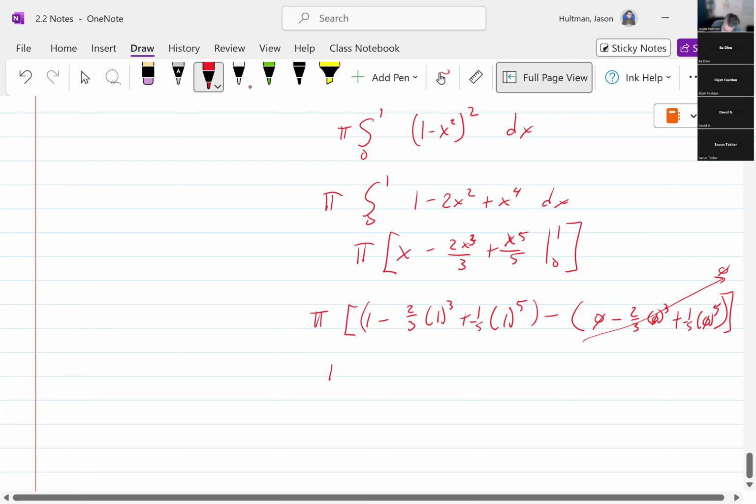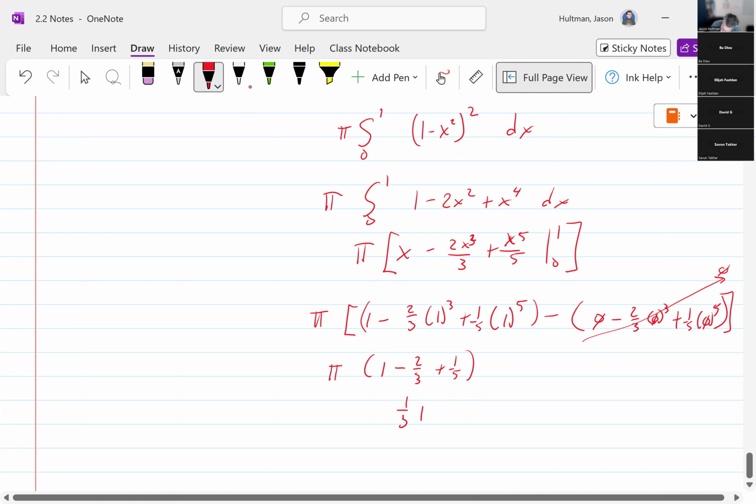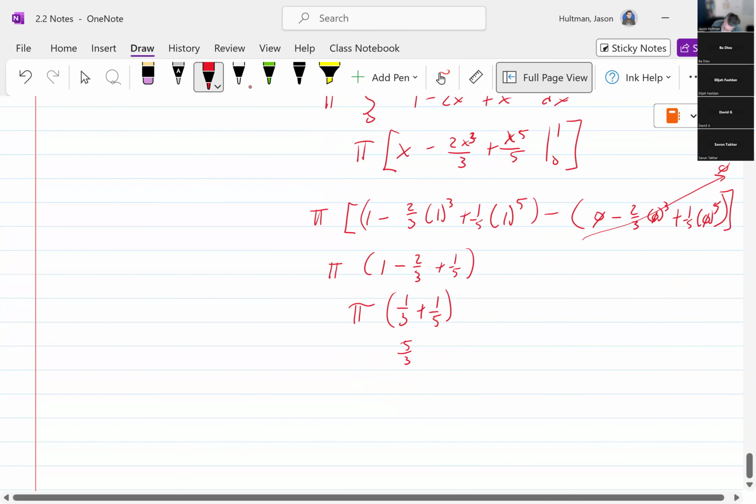And so we're left with pi times 1 minus 2/3 plus 1/5. This is going to be 1/3 plus 1/5, times pi. This is going to be 5/15, sorry, 5/15 plus 3/15 is 8/15. So this is 8 pi over 15.